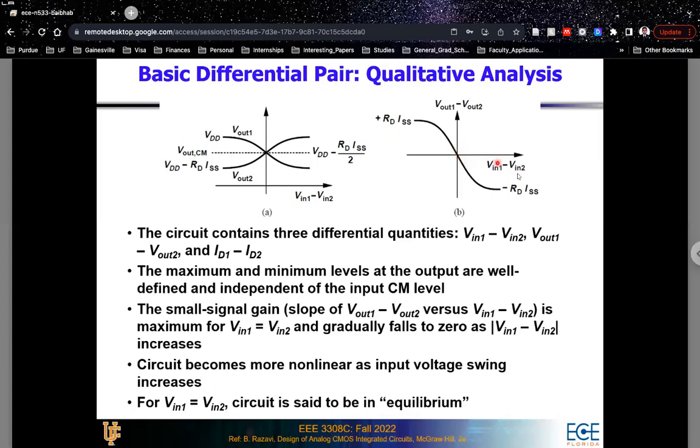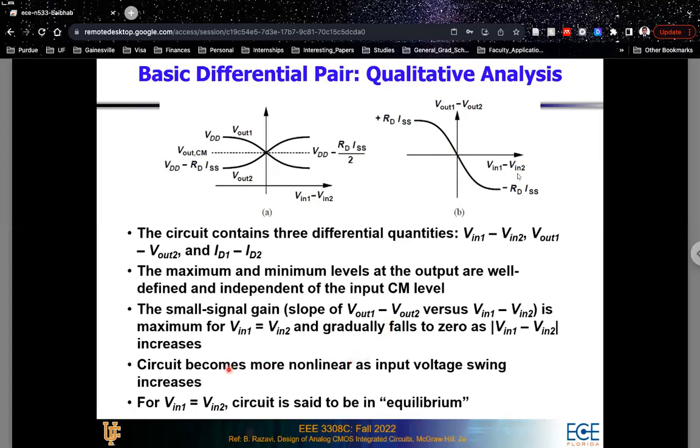So near to the point when the DC voltages of the inputs are equal, you'll have the maximum slope, which also means that you'll have the maximum gain. So as your VIN1 minus VIN2 becomes large, either a large positive quantity or a large negative quantity, your gain becomes 0 because the slope of this curve becomes 0. On the other hand, near to this point, the slope of this curve is maximum.